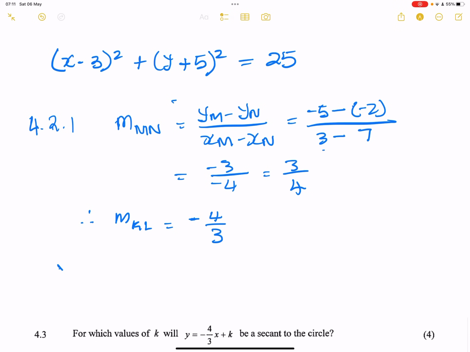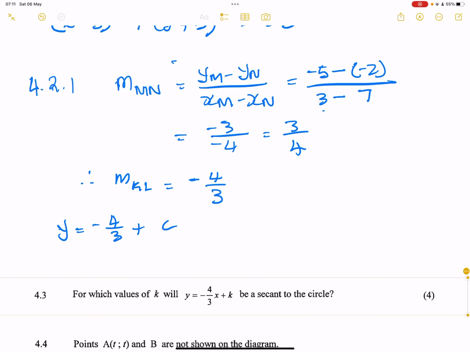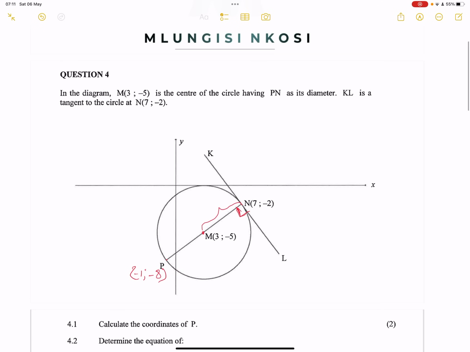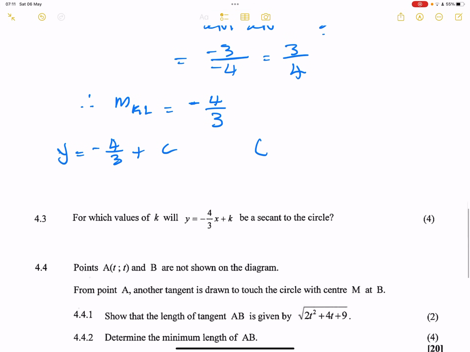Right, so now we know the equation of KL would be y = −4/3 x + c. And how am I going to get my c value? I am going to substitute the point that the line passes through, which is point N, which is (7; −2).